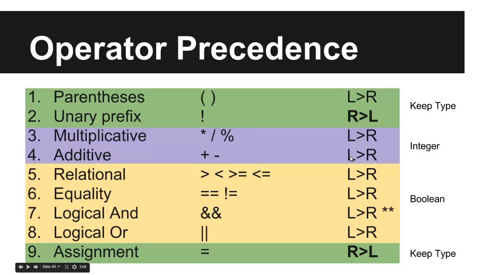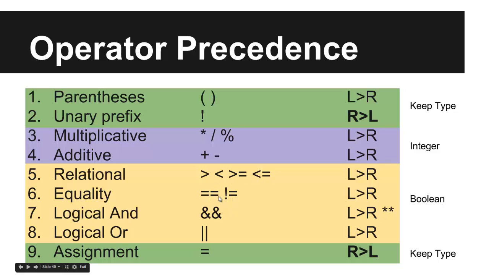With multiplication and addition, so far we've only talked about the numeric types, and very specifically we've only talked about integers with regard to the numeric types. And so our multiplicative and additive operators are going to result in an integer so long as we feed them integers. Then we've got the Boolean operators, right? The relational operators, the greater than, less than, greater than or equal to, less than or equal to.